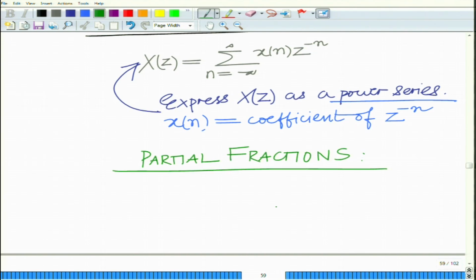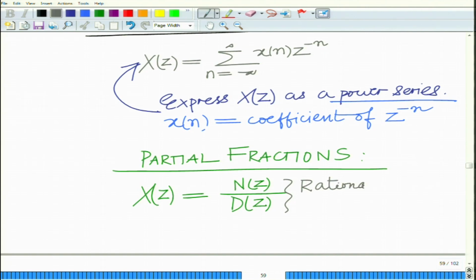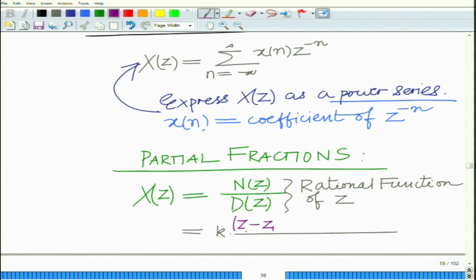Let us say X(z) is a rational function, that is N(z) divided by D(z), a rational function of z, which I can write as some constant k times (z minus z1)(z minus z2) up to (z minus zm), divided by (z minus p1)(z minus p2) up to (z minus pn).